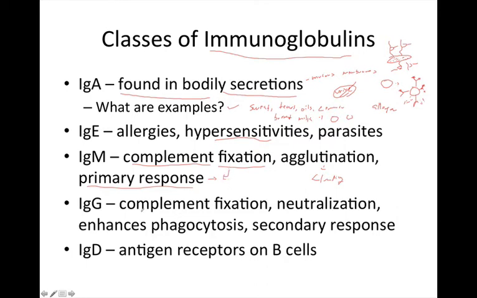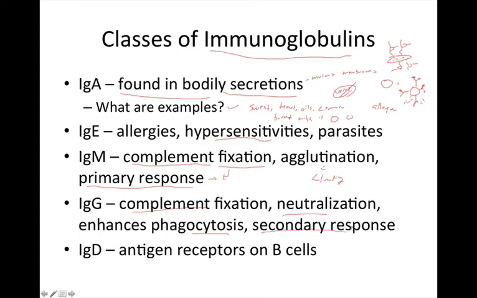Whereas IgG, notice similar reactions here: complement fixation, neutralization, and it helps enhance phagocytosis. A big one here, though, is that this is the most abundant antibody in our blood in the first place, and it plays a very large role in the secondary response.